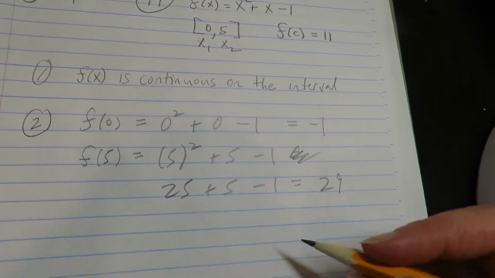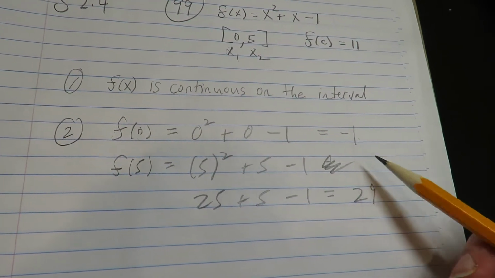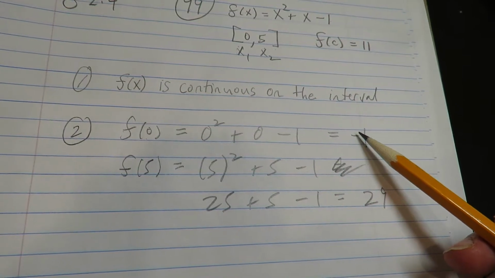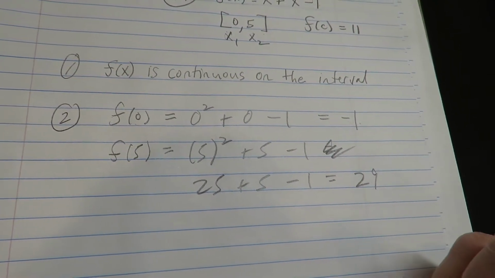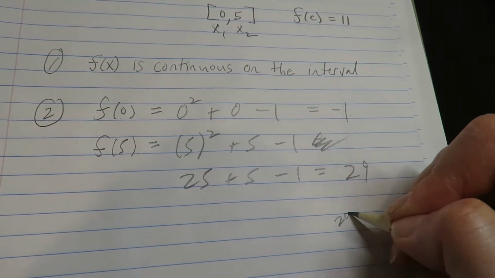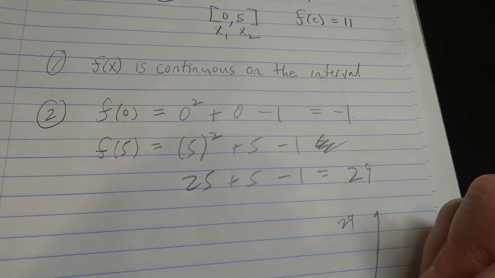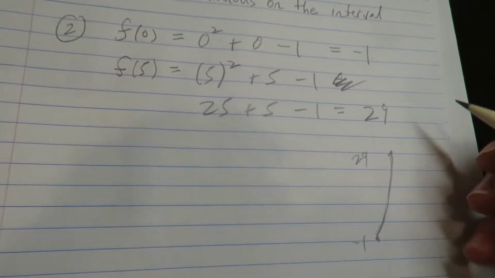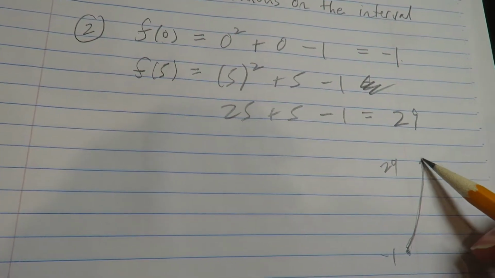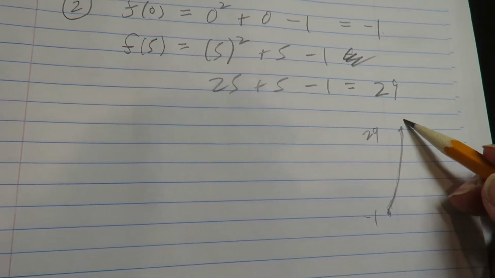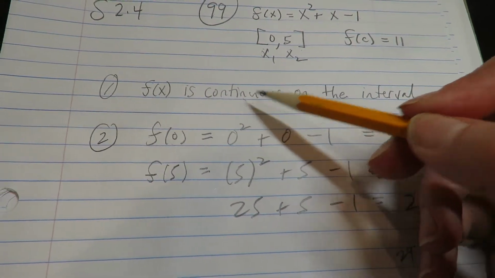So what's basically happening is that the parabola is going, because it's considered a continuous function, it's going to cover all the heights between -1 and 29 because it's continuous. Okay, it's going to cover all the, let me say that a little better. It's going to cover all the y values in between -1 and 29 because we know it's continuous because of what we said in the first part.